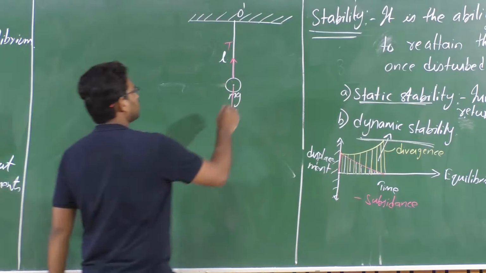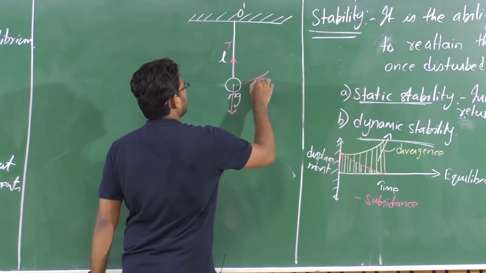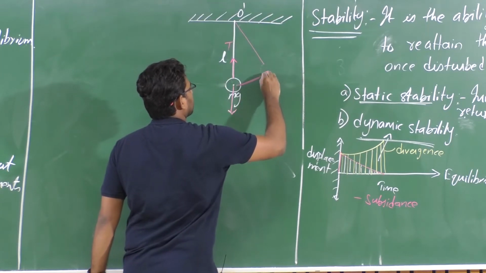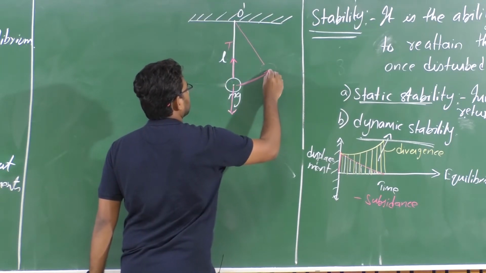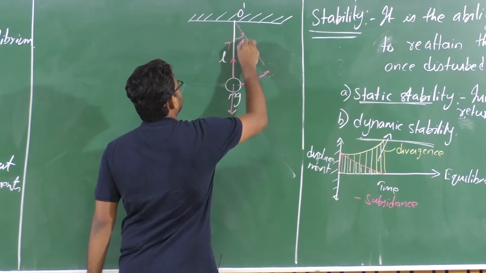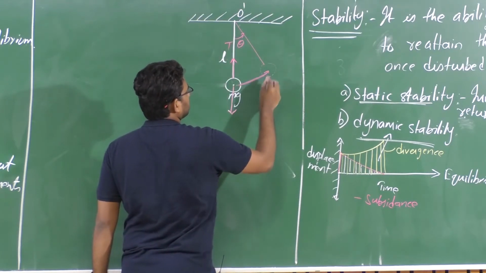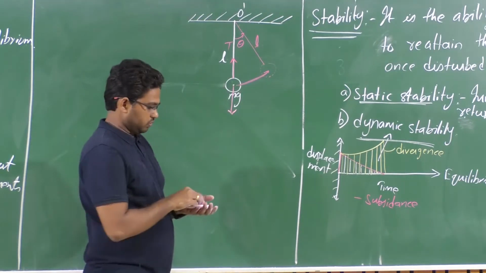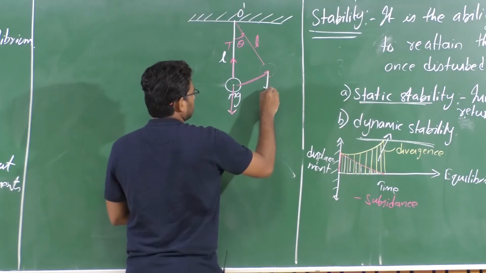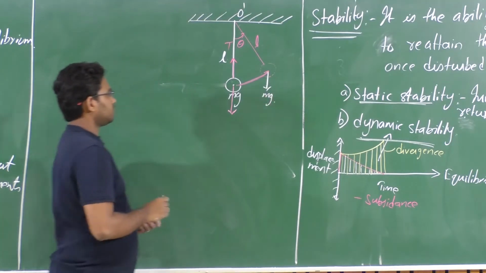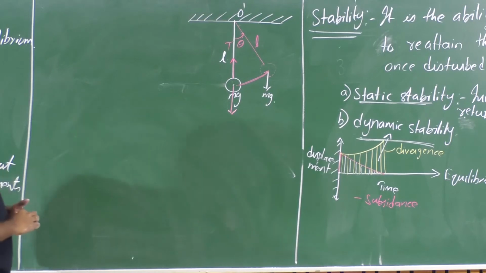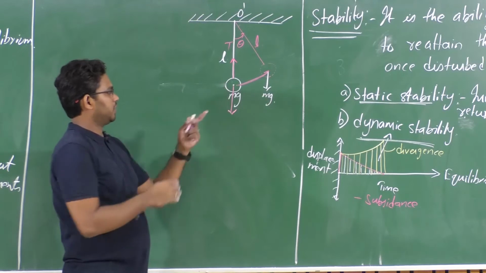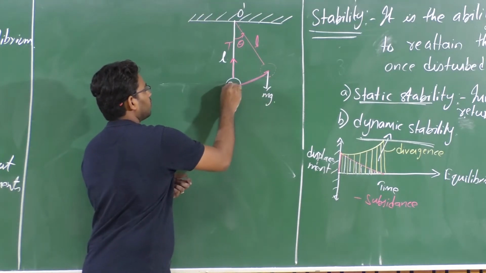Now let us displace this bob by an angle theta. So say this is the displacement theta, right? L still remains the same, isn't it? And mg is acting downward. When we displace this and leave it, we know it will try to move towards the initial equilibrium, which is say O here.